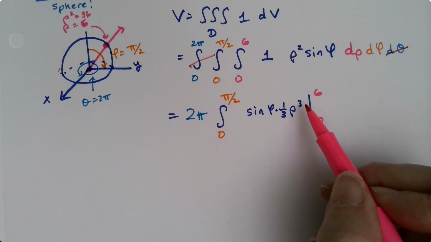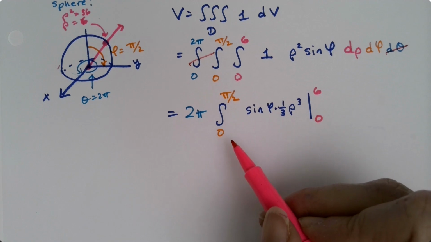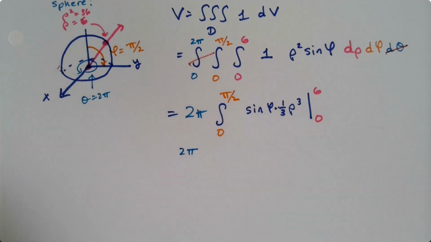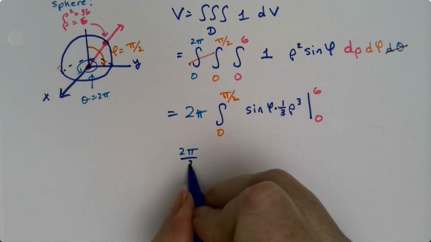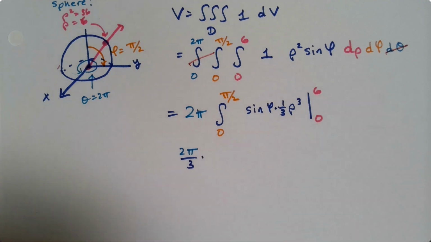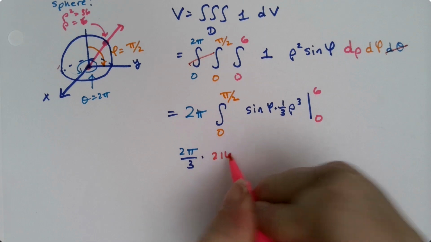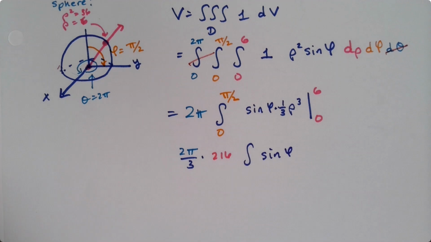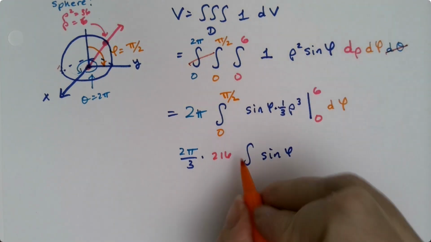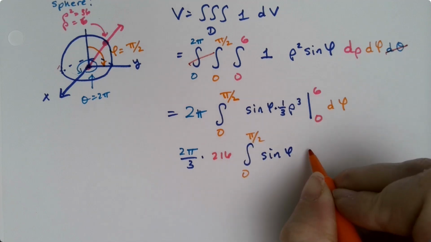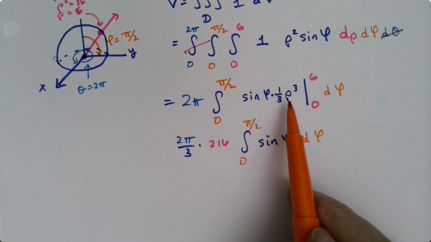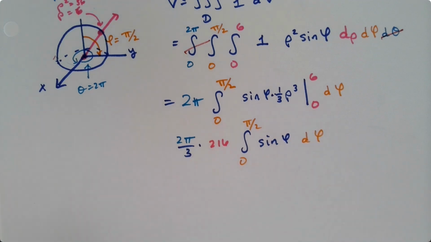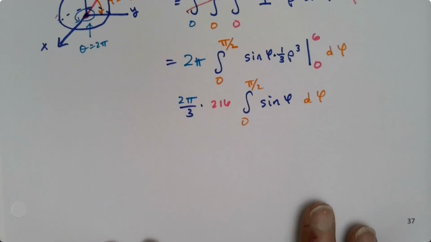So we can just kind of bring everything out in front, if we want to, and say, look, this is 2 pi over 3 times 6 cubed, which is 216, because everything's a constant. And then we're still integrating sine of phi. Oops, I forgot my d phi. There we go, from 0 to pi over 2 d phi. So 6 and 0 is 216, right? I just pulled all that out in front to make my life easier.